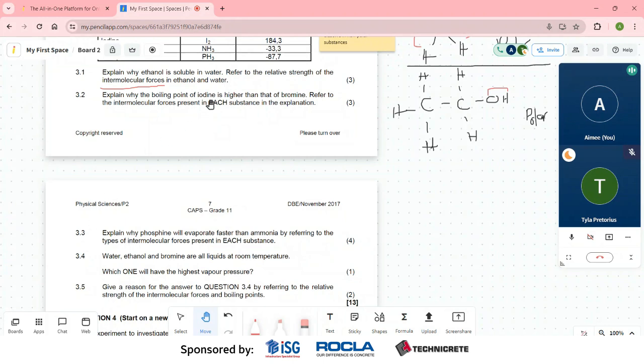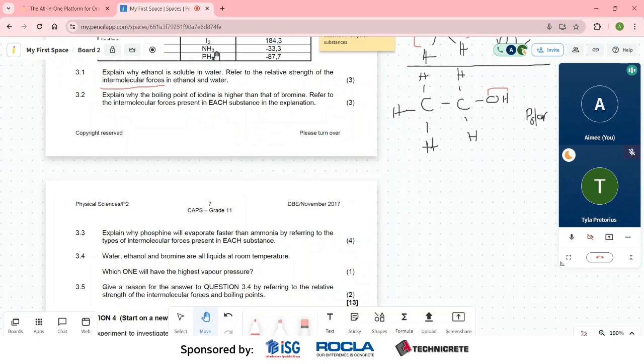Why? Because in NH3 you've got nitrogen bonded with hydrogen, whereas in PH3, P is not one of the atoms on the list that can possibly form hydrogen bonds. But nitrogen definitely is. So NH3 forms hydrogen bonds, which means that it's got stronger intermolecular forces, because dipole-dipole forces are weaker than hydrogen bonds.